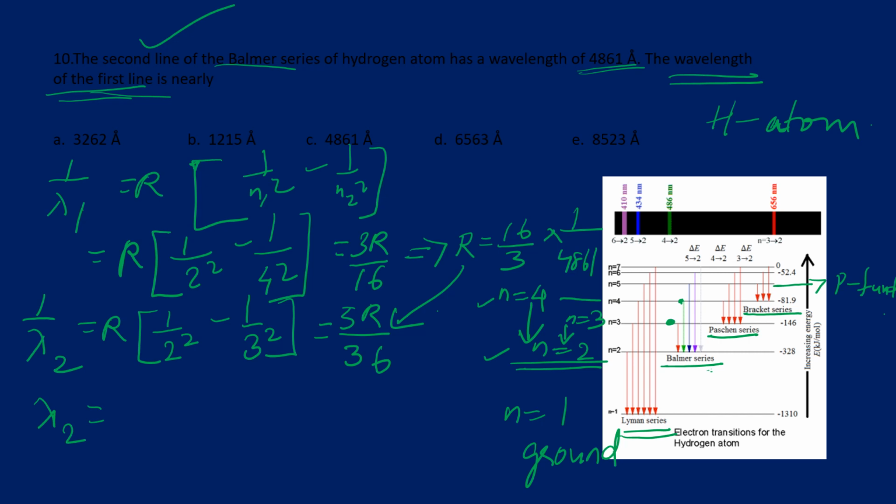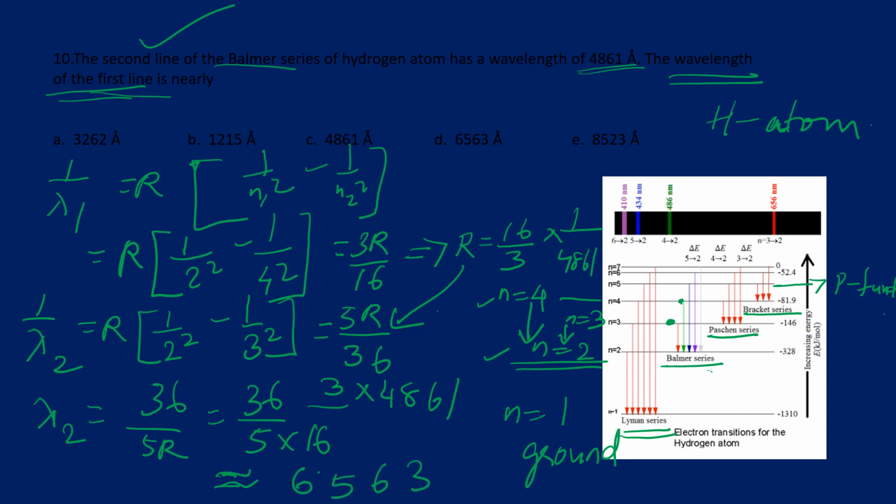Lambda 2 is 36 by 5R, or 36 by 5 into 16 divided by 3, where the 3 will go to the numerator, and 4861. Just substitute the values and you will get nearly 6563 angstrom. So option D is the correct one.